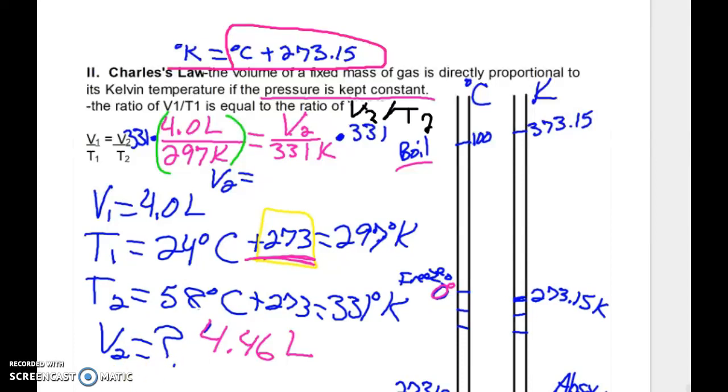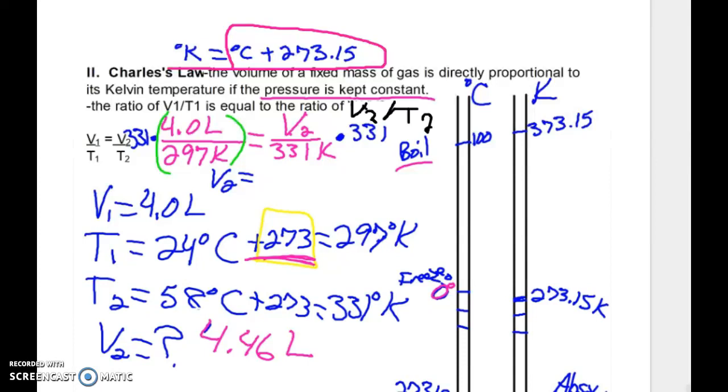Does that seem like a reasonable answer based on what I started with? I really didn't change my temperature very much, but it did go up from 297 Kelvin to 331 Kelvin. So my volume should increase a little bit, and yeah, it did.